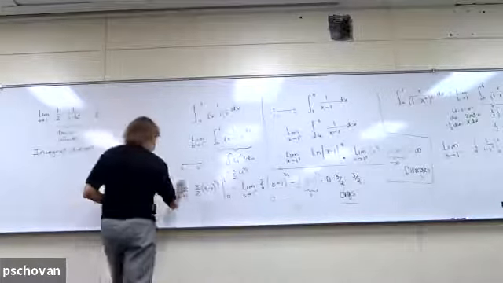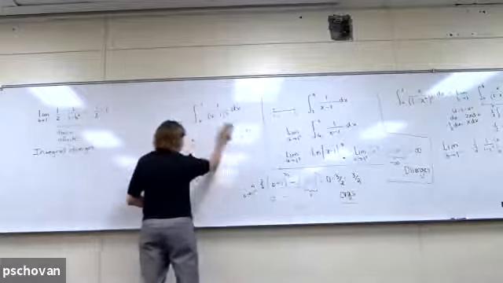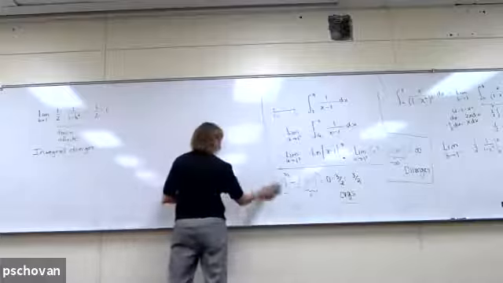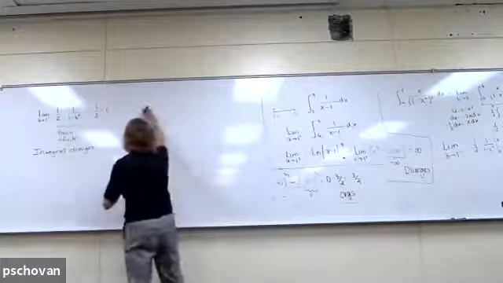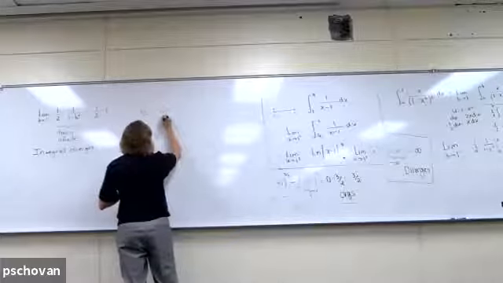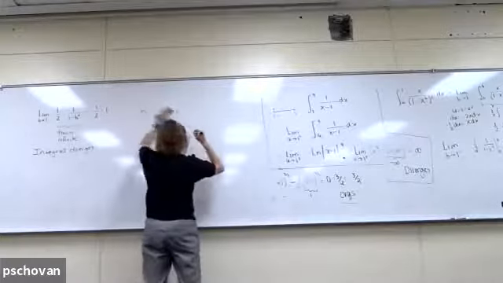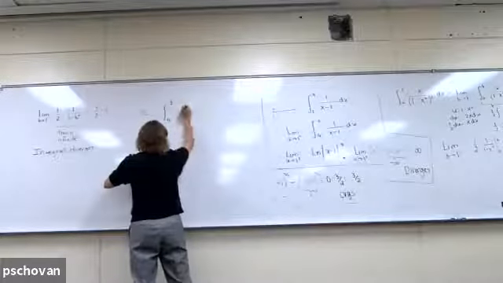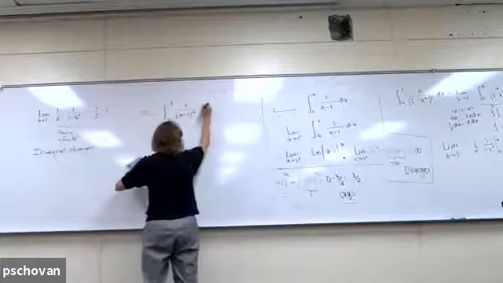So, let's rub all this off. What was that example I did? I did the integral from 0 to 3 of 1 over, what was it, x minus 1 squared?